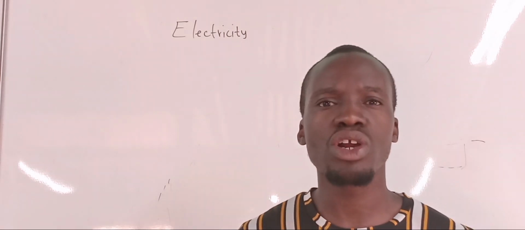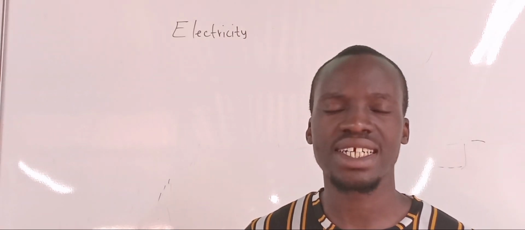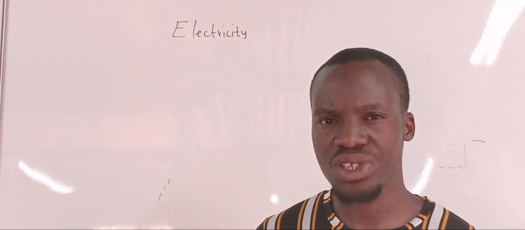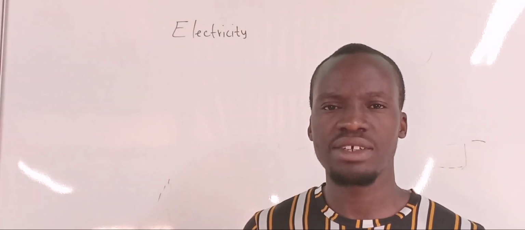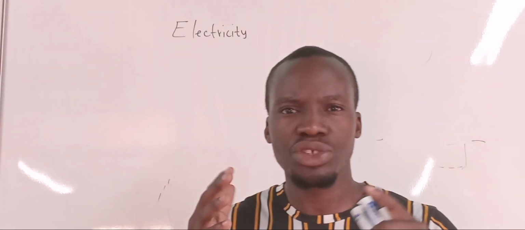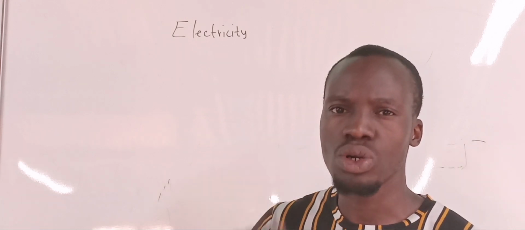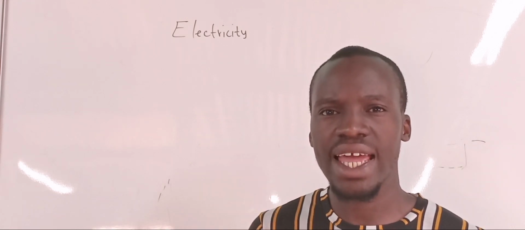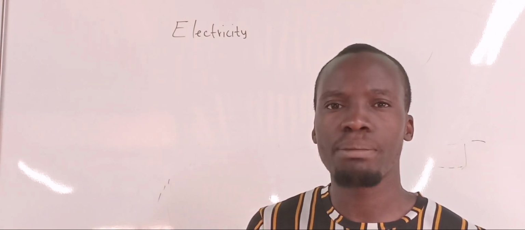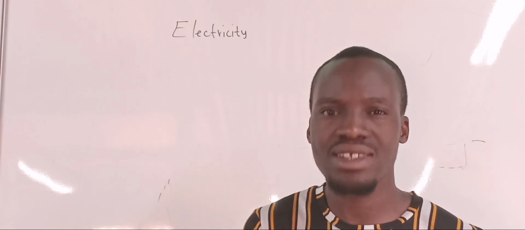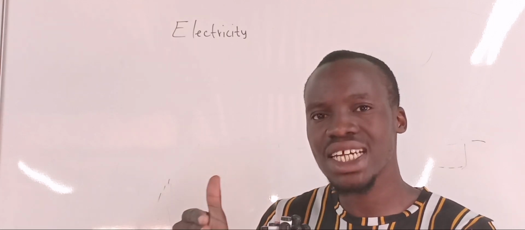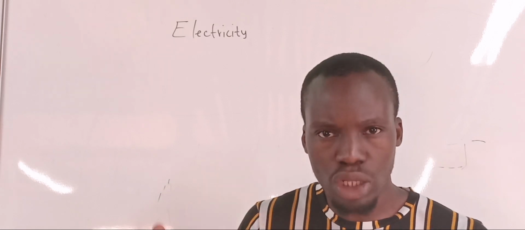Now, there's a topic called electrostatics and there's electricity. Let me distinguish between the two. The word electro in electrostatics means electricity, and static talks about something that is not moving.